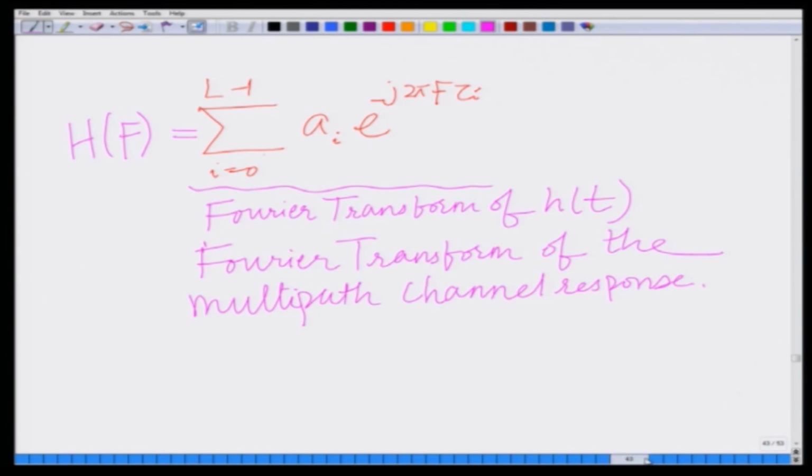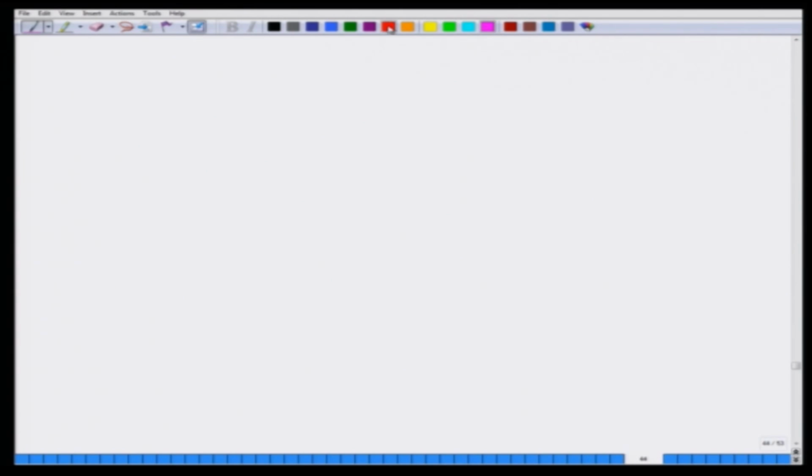Now let us look at a typical component, e to the power of minus j 2 pi f tau_i. Now let us consider two cases. At f equal to 0, the phase, which is 2 pi f tau_i, is equal to 0.